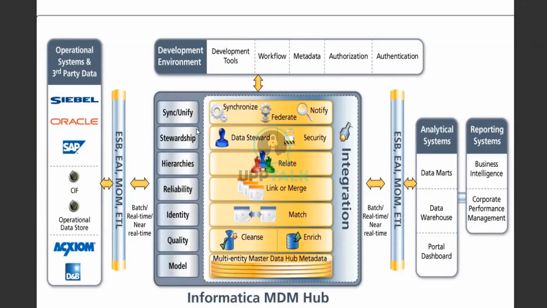The stages in Informatica to move the data from one place to another are: first landing, second stage, and third base object or load. After the data has been moved into the main table, all the match and merge is done. Unify, stewardship, all these things will be done in those processes.